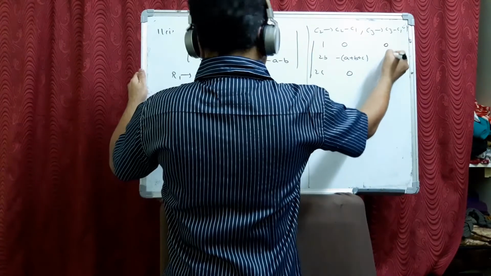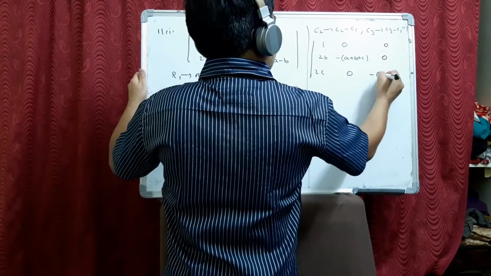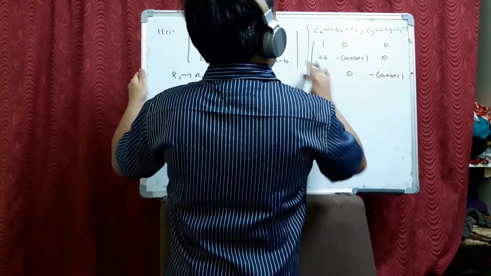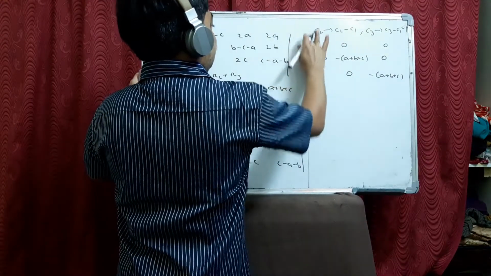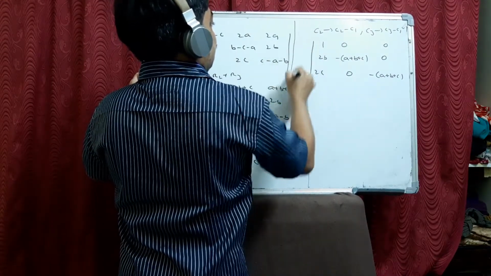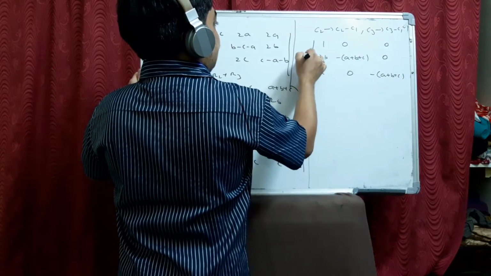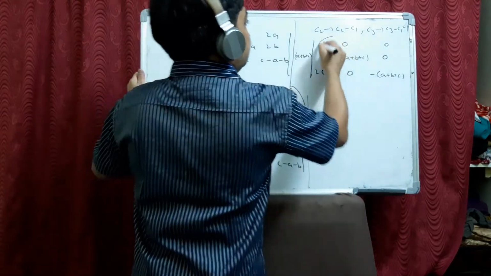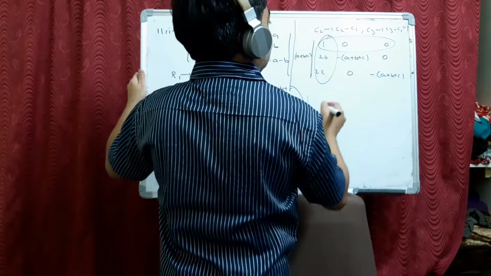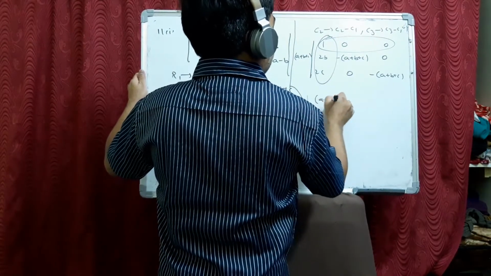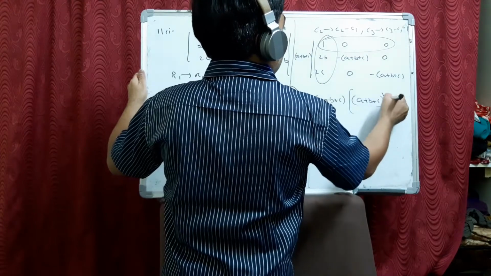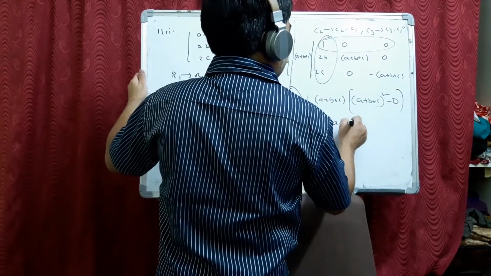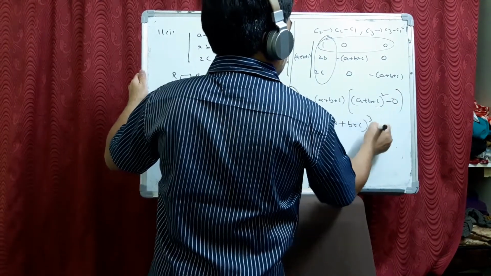Next one, 0, 0. It also becomes minus of a plus b plus c, and outside a plus b plus c, I missed this. Just a minute. We have to write this, a plus b plus c. Now just eliminate the row and the column that 1, 0, 0 belongs to. It becomes a plus b plus c outside. Inside it becomes a plus b plus c whole square minus 0. The whole thing becomes a plus b plus c whole cube.